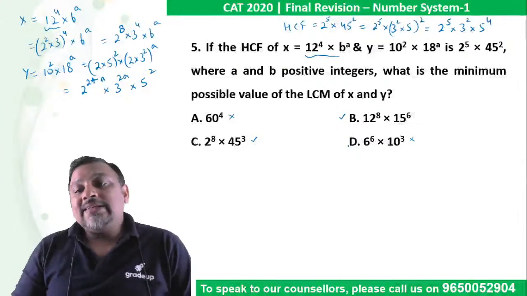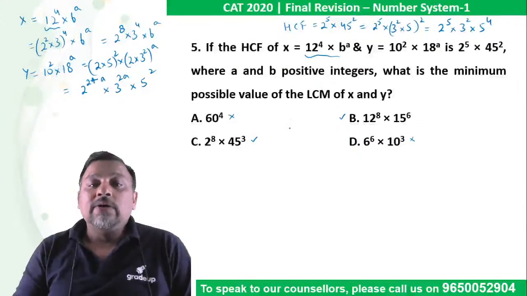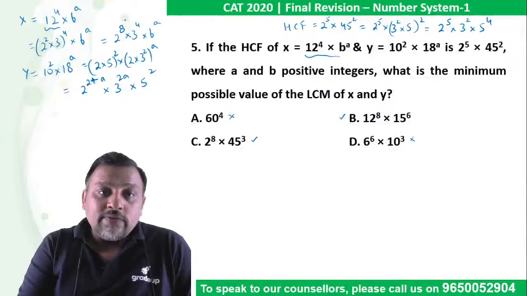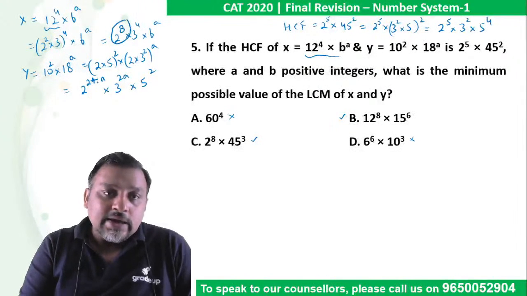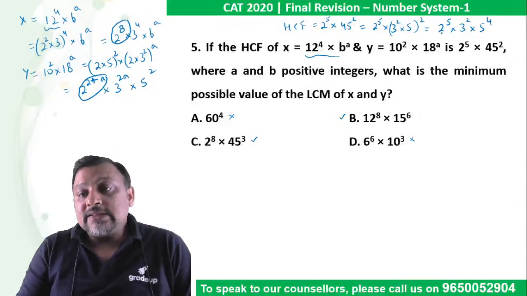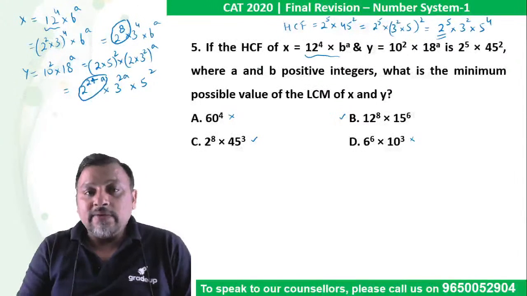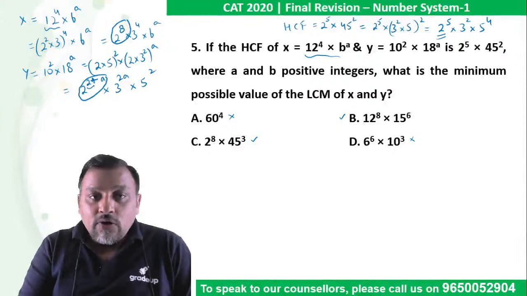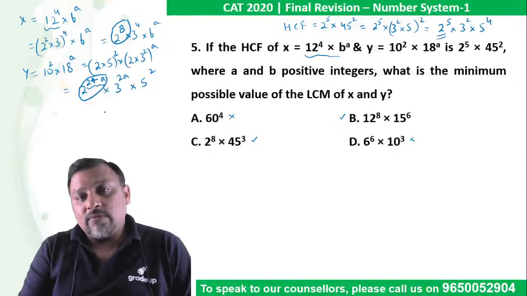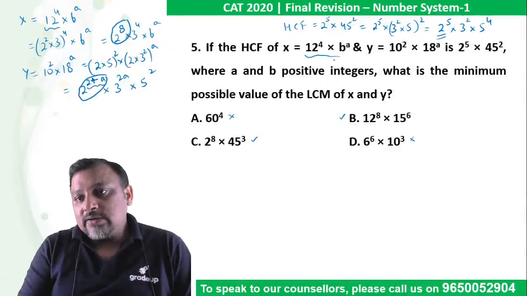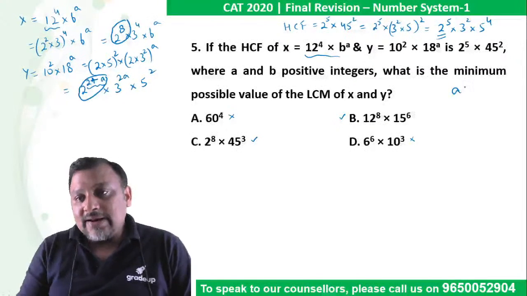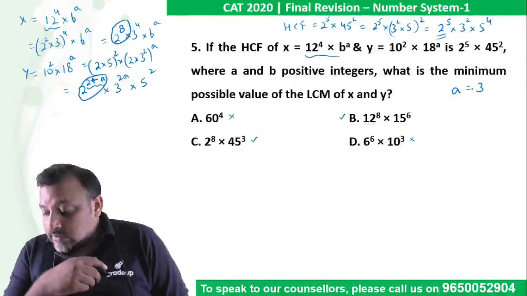So we know in HCF we take the smaller powers. So here we have 2 raised to the power 8 and here we have 2 raised to the power 2 plus a, and in HCF we have 2 raised to the power 5. So that means the value of this is nothing but 5. Is this much clear? So from here I'll get the value of a as 3.